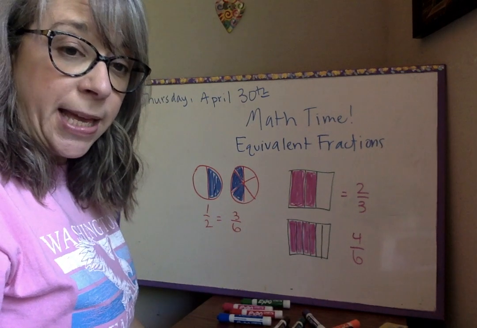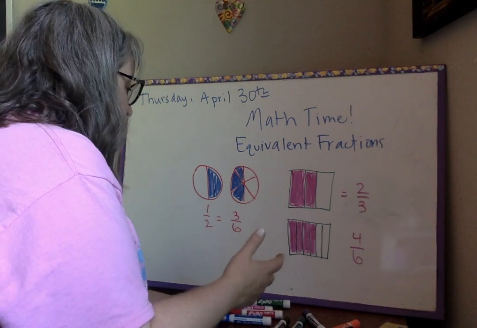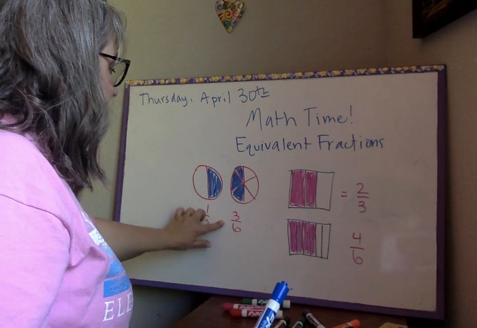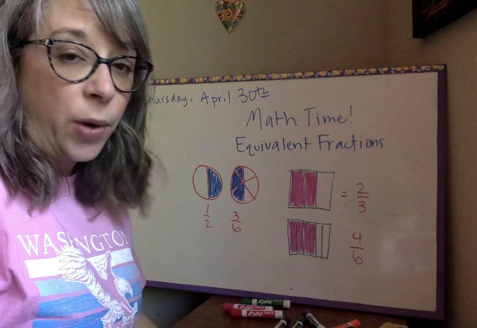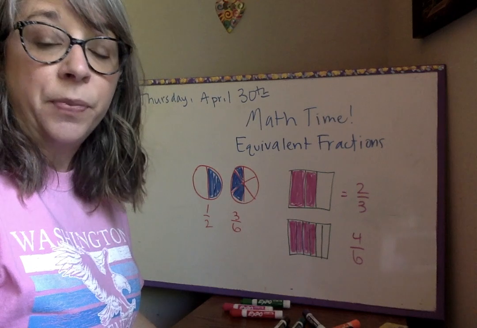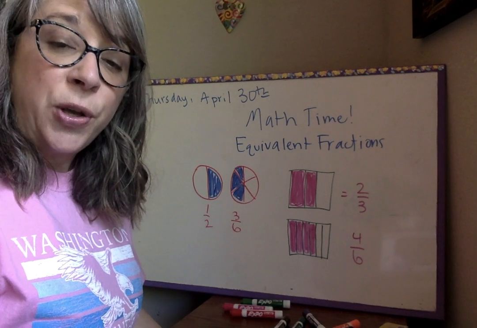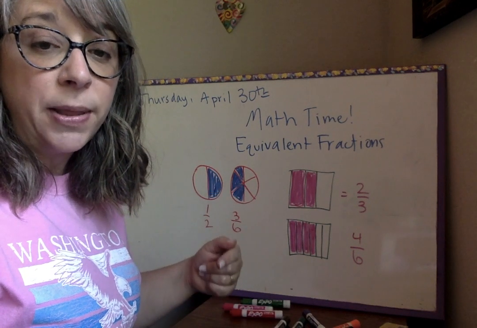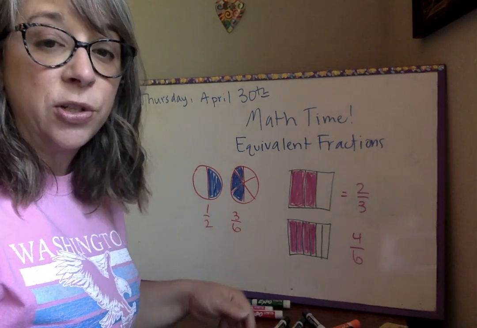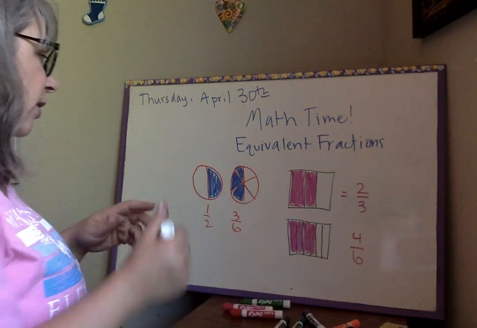Now, one way that we can get to an equivalent fraction is we need to multiply. That's how we make equivalent fractions, and it's quite simple. You have to multiply one number to not only the numerator, but then to the denominator too, because what you do to the top, you usually have to do to the bottom. So let me show you.